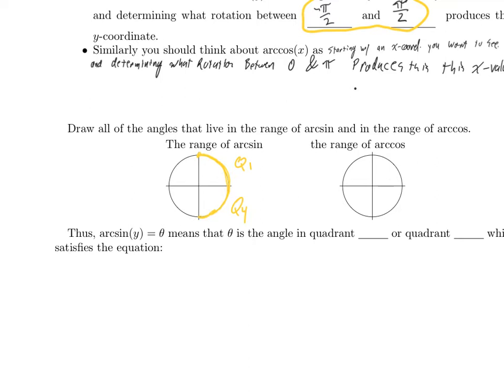Similarly, if someone asks you for the inverse cosine of something, they're asking for an angle which produces that x value, and that angle has to live somewhere between 0 and pi, that is, in quadrant 1 or quadrant 2.